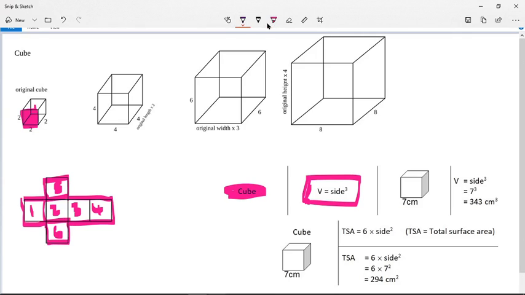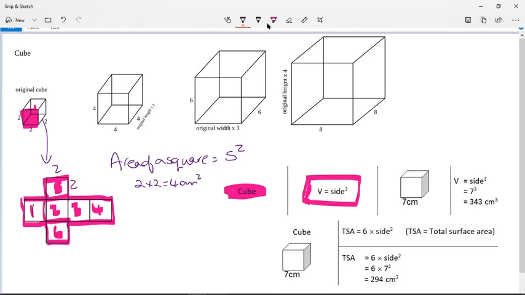So what is the formula for area of a square? The formula for area of a square is the side squared. So if the side of this cube here is 2 by 2, each of these blocks is going to be 2 times 2, which is 4 square centimeters.